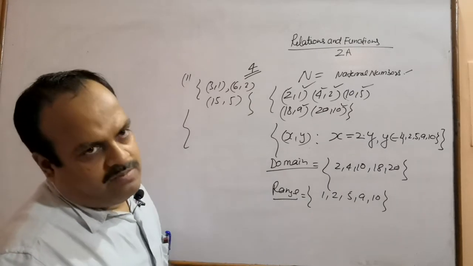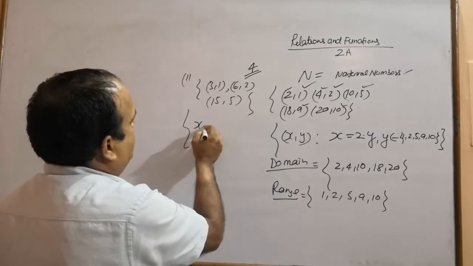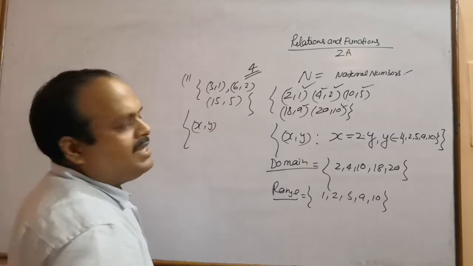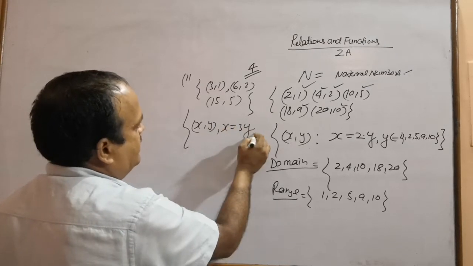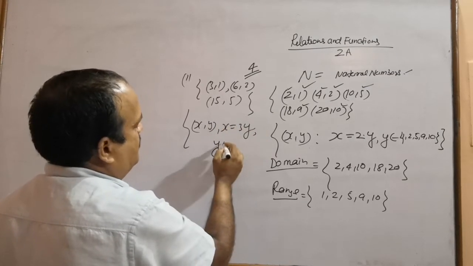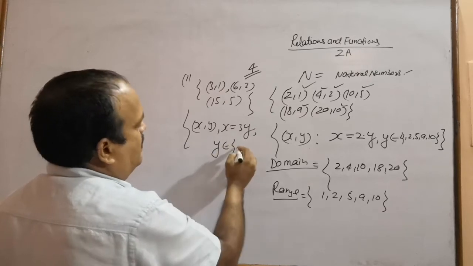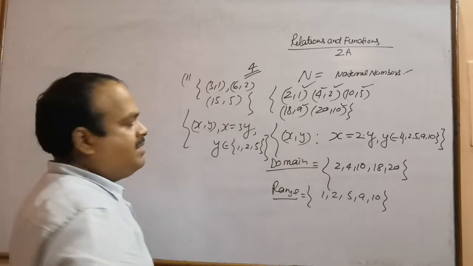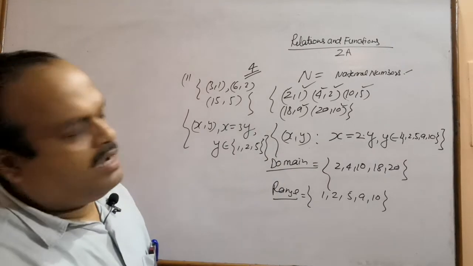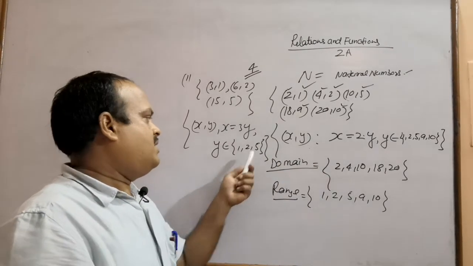in set builder form as the collection of ordered pairs x, y, where x equals 3y and y belongs to the set of elements 1 to 5.